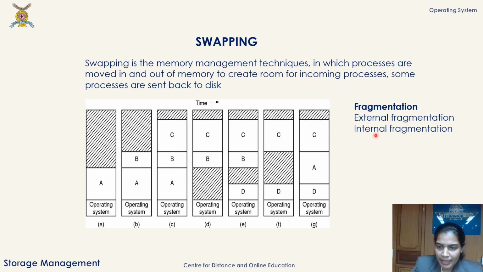Now, the problem can be solved by using a technique called compaction. Here the multiple holes that are generated are combined together to form one big hole or big empty space, and that technique is called compaction. The operating system may use compaction internally, but it consumes a lot of CPU cycles, so it is again taking your resources.